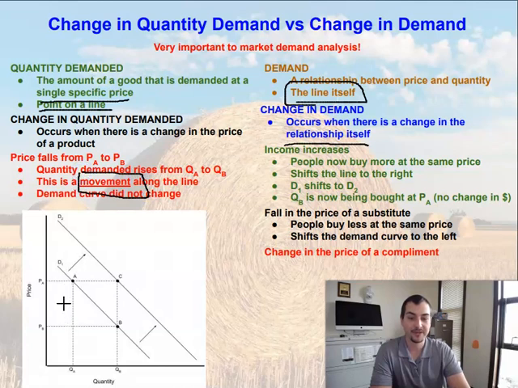If we allow prices to change from PA to PB, there is a movement along the demand curve, and we're going to see a change in the quantity demanded. If we allow something like income to change, if we allow the price of a substitute or a complement to change, or if we allow non-economic shifters of demand to change, it will change the whole entire relationship itself. It causes a shift in the demand curve.